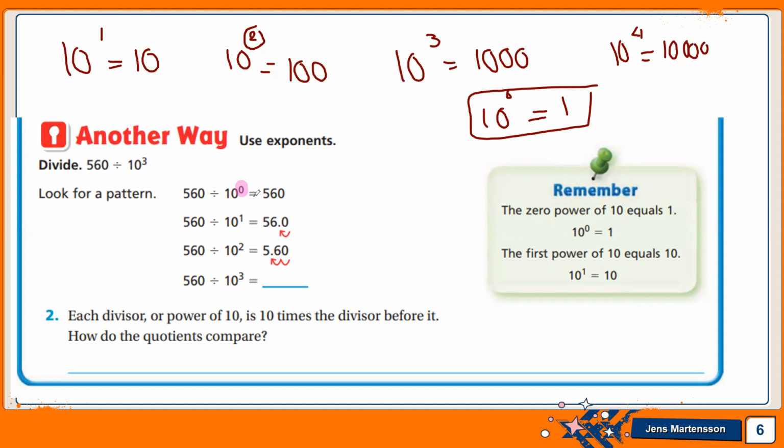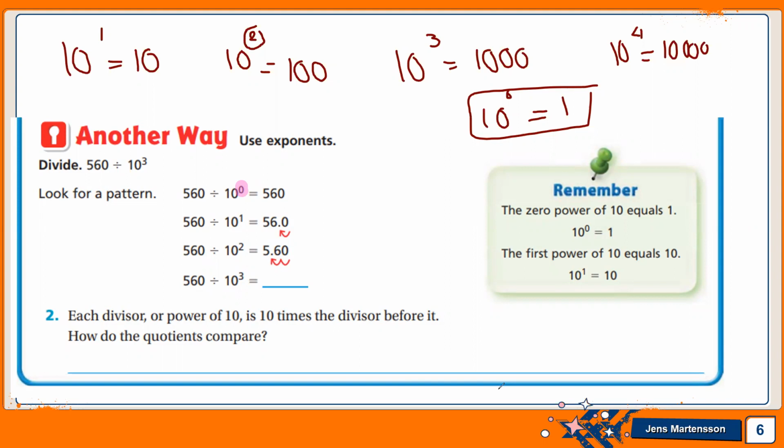I told you 10 to the power of 0 is 1. So it's the same as 1. So keep the number as it is, like multiplying or dividing a number by 1. Or in other words, because it's 0, don't change it. Don't move the decimal point.